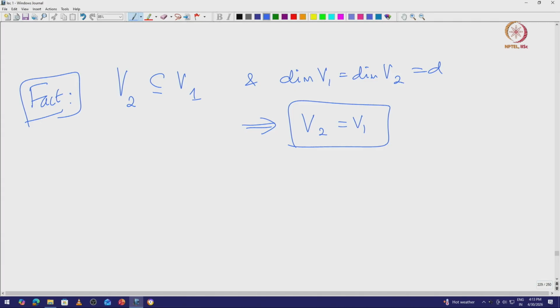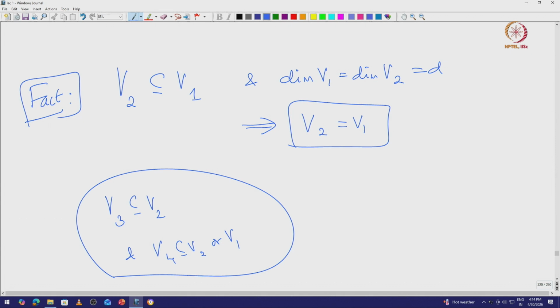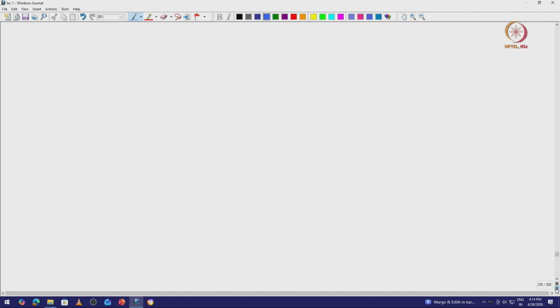That simplifies things, since we do not need to check that V 1 is a subset of V 2. It is enough to check that, for example, V 3 is a subset of V 2 and V 4 is a subset of V 2 or V 1. This is all easy to check, and one-sided inclusion will guarantee equality because the dimensions are equal. So all the sets concerned here are equal. This gives a neat linear algebraic proof of the result, which is very nice.